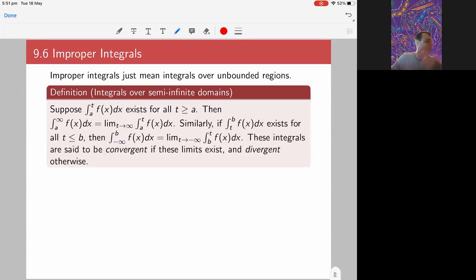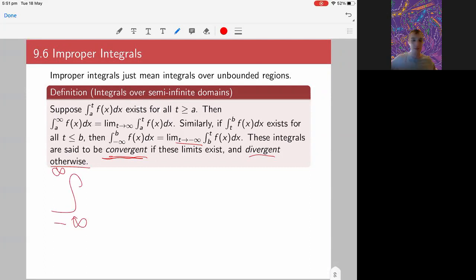It may be the case that these integrals don't always exist because the limit doesn't exist. But if these limits do exist, then we say that these integrals are convergent, and they're divergent otherwise.